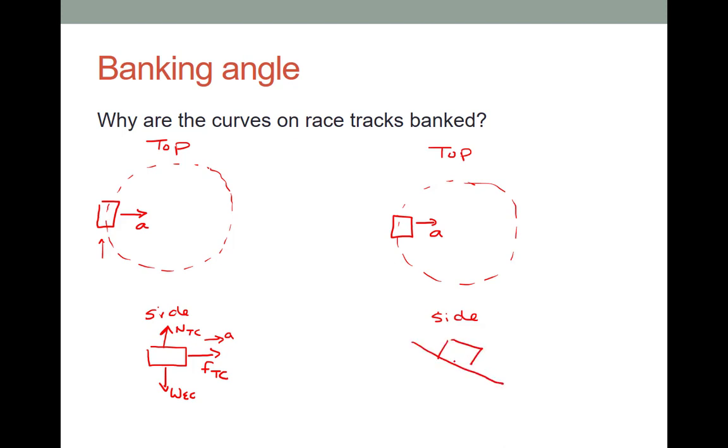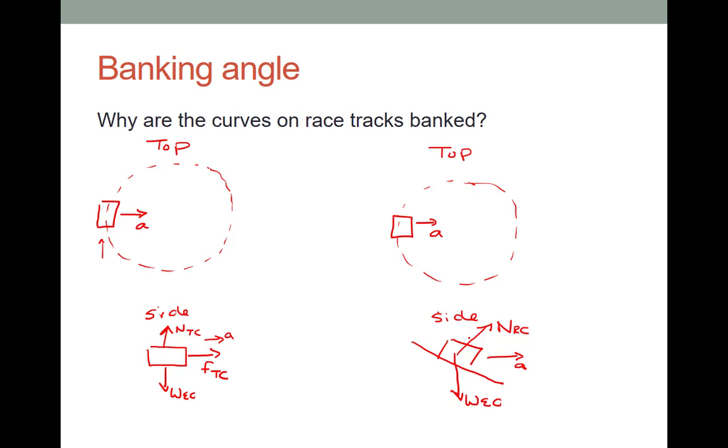You want to slant the track appropriately so that there is a component of the normal force that points towards the center of the circle, which means that without any friction, you are able to go around this circle successfully.